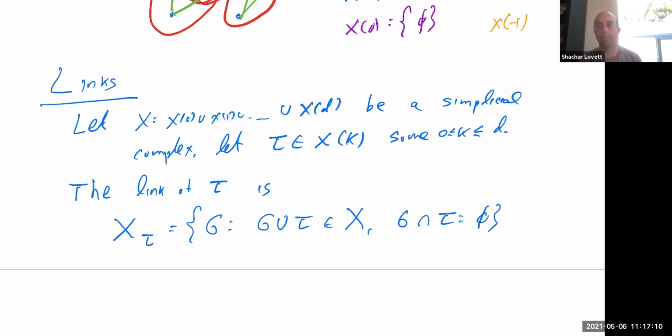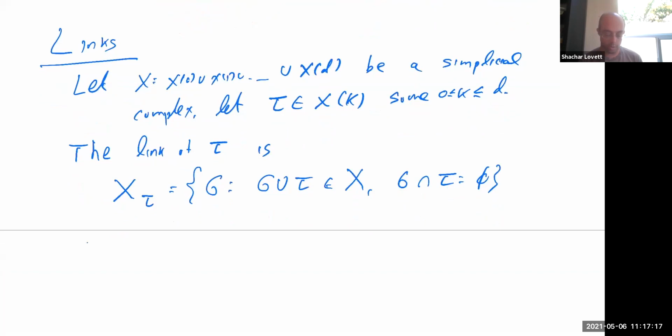So what do we have here? X_tau is by itself a simplicial complex. We're going to see it in a second. So X_tau is going to be a (d minus k) simplicial complex.